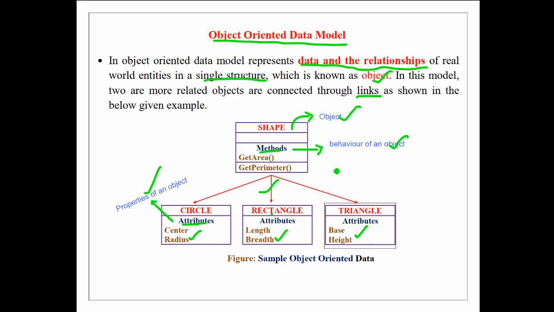Here the links from shape to the objects circle, rectangle and triangle indicate an inheritance feature, that is, a parent-child relationship between these objects, where shape is the parent object and circle, rectangle and triangle are the child objects that can inherit the getArea and getPerimeter methods of the parent object shape.